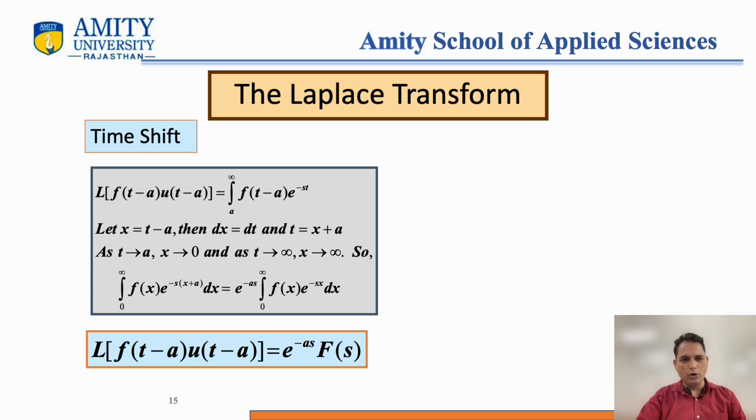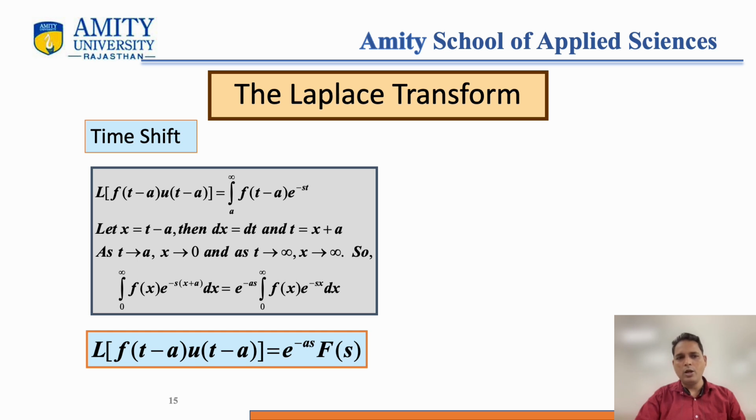You have converted your whole integration, and it becomes the integral from 0 to infinity of f(x) e^(-s), and when you put the value of t, it becomes x plus a. Something is common in this integration. This integration is with respect to x, so e^(-sa) is a constant, I just take it outside.